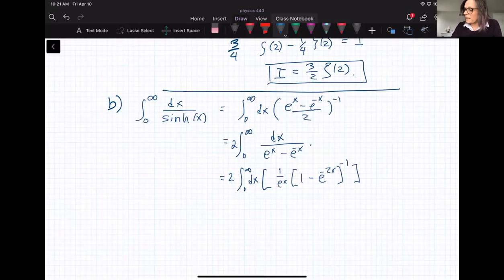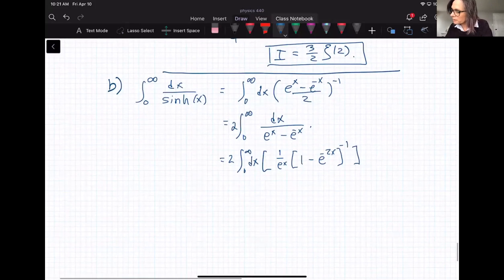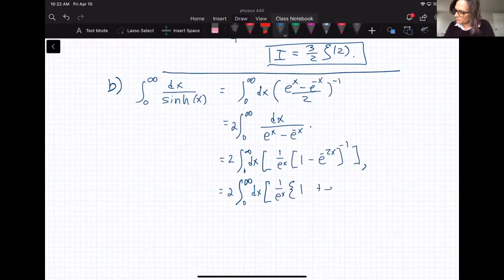Now what might we do? Binomial expansion. Right, now we use the binomial expansion. Now we can get things that are term by term in the numerator. So this can be written as 2 times the integral from 0 to infinity of dx, 1 over e to the x, and then the binomial terms e to the minus 2x plus e to the minus 3x, and so on.